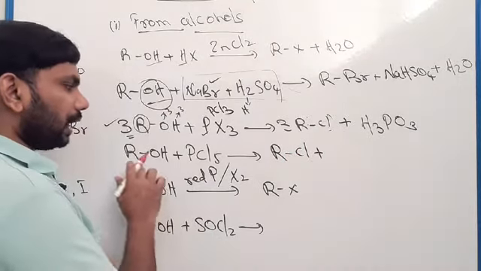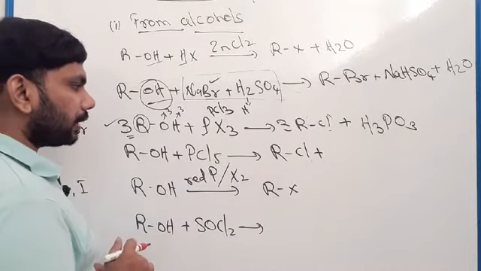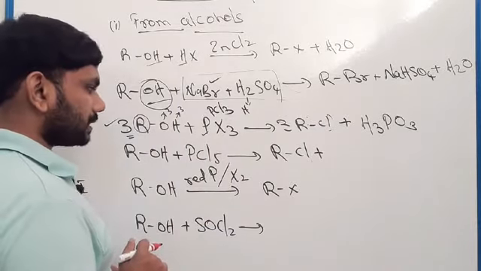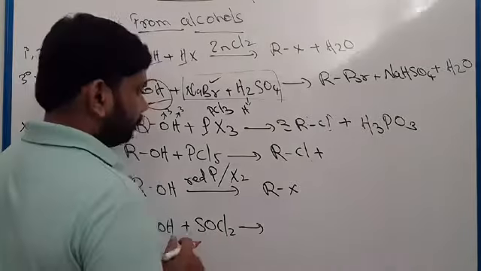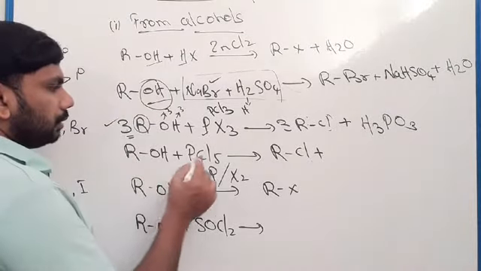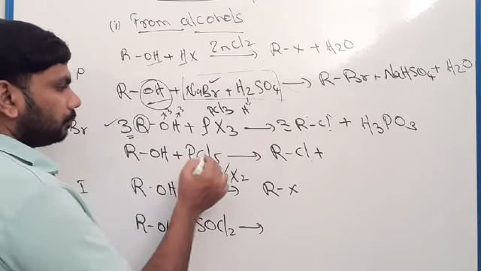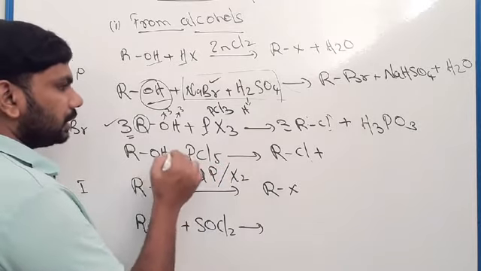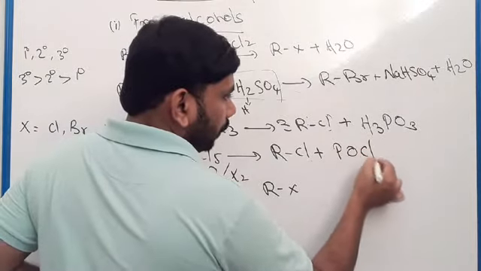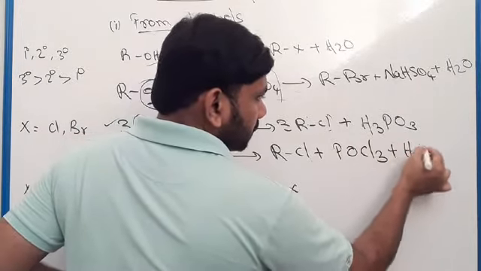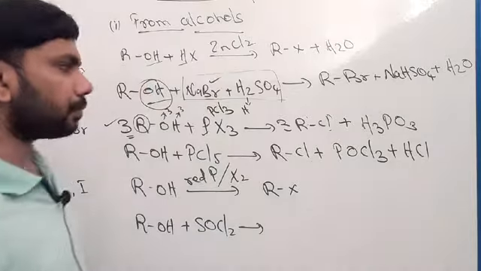So what is next? Here we have 4 chlorine, phosphorus, oxygen and hydrogen, so you can say POCl3 plus HCl. This is the side product.